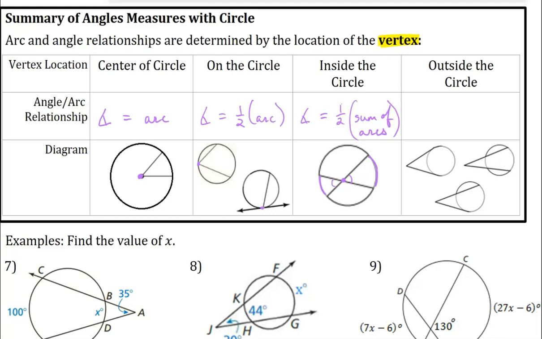And then if it's two tangents, a tangent and a secant, or two secants, the vertex of the angle is on the outside of the circle, then it's half the difference. So the angle is half the difference of the arcs.